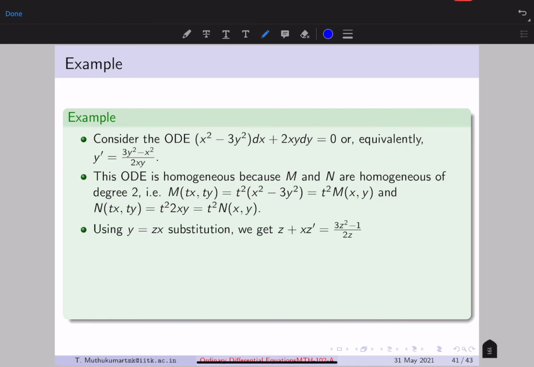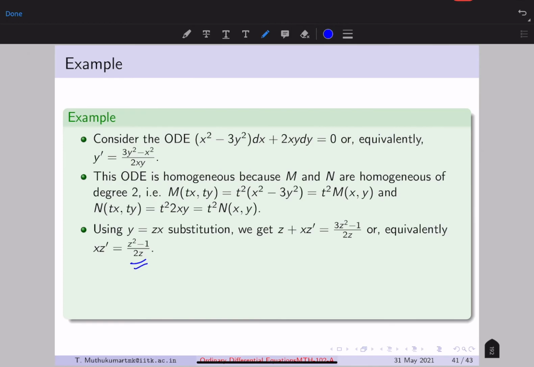Now you use the substitution y equal to zx. So this y prime becomes this, and whatever you have here becomes this. Rewriting, bringing this z as minus z here, you get xz' equal to (z square minus 1) over 2z.